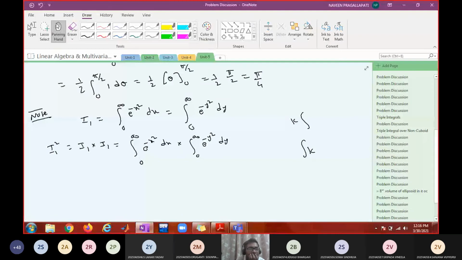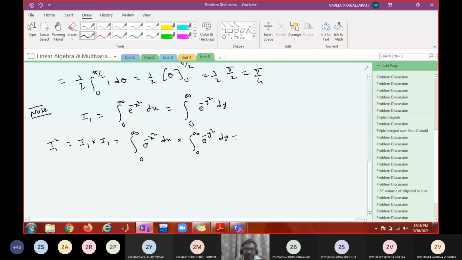Agreed or not? Yes. So I am going to bring that constant inside. So this is going to be integral from 0 to infinity, and the constant is integral from 0 to infinity of e power minus x square dx, multiplied with e power minus y square, dy.